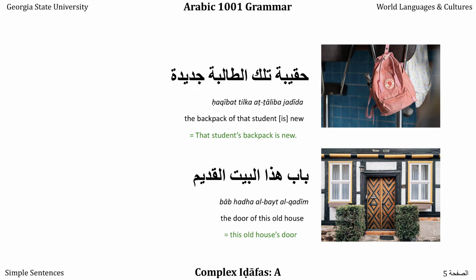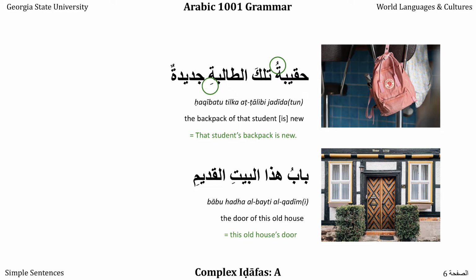If we pronounce them in full fancy Arabic form, we say haqibatu tilka at-talibati jadidatun, where haqiba, because it's the first word in the idafa, is by default in the marfu' case, and it's definite because it's part of an idafa, so we mark it with a single dhamma. Tilka, like the other demonstratives, does not change form.